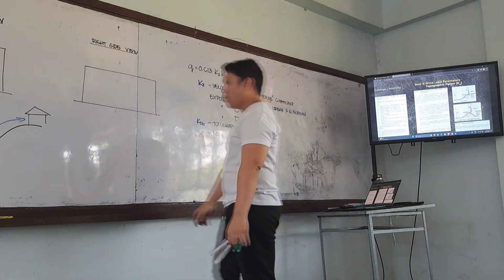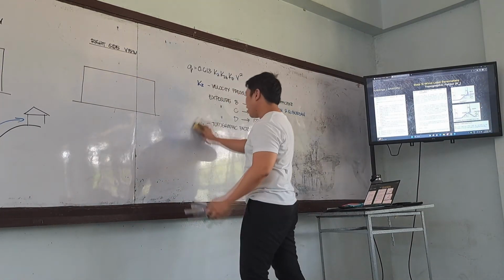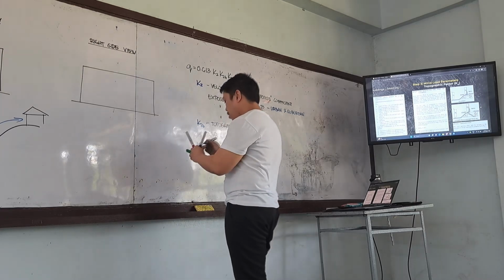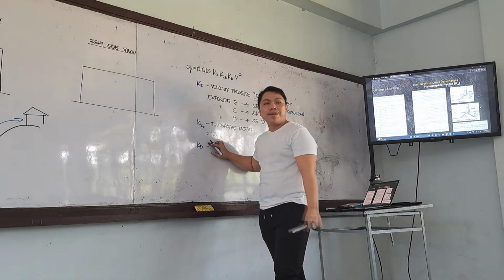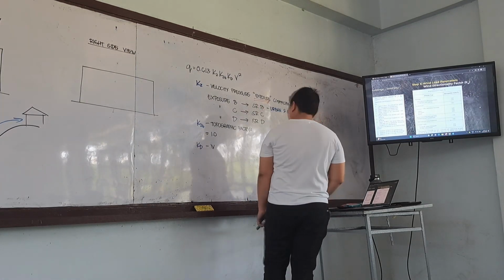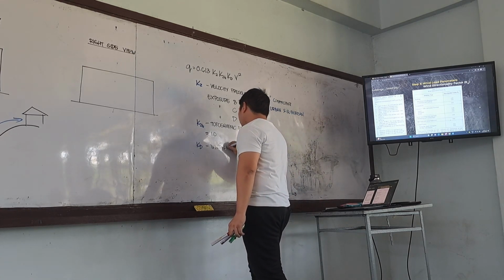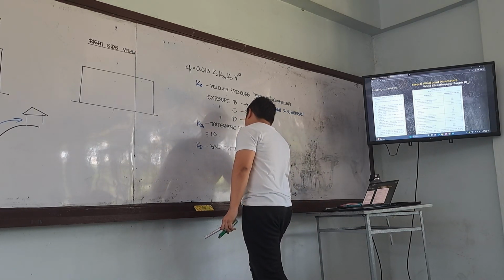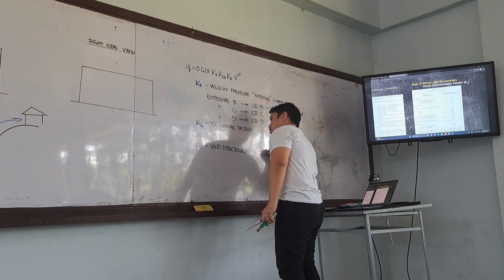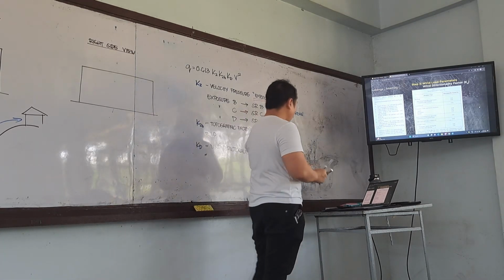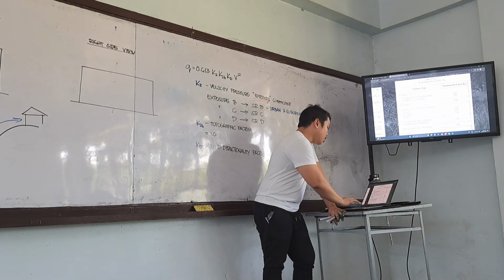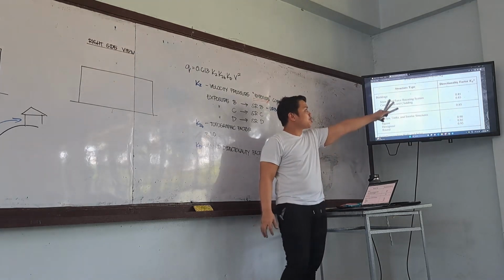Lastly, what is KD? Wind directionality factor, according to the code. This KD is based on the type of structure we are designing. Notice that for our buildings, the reduction is around 15%.